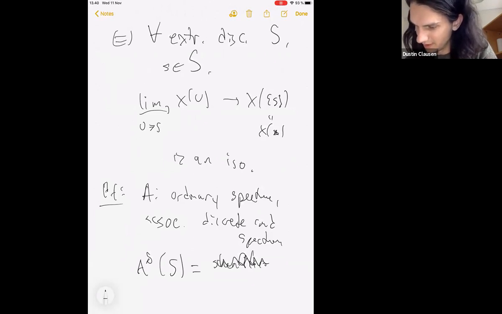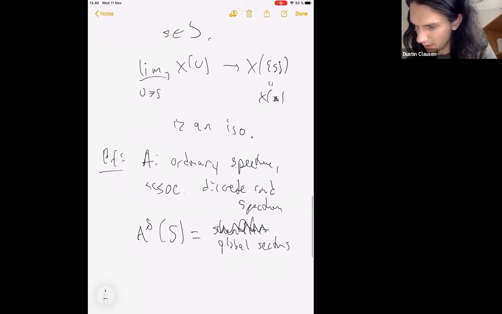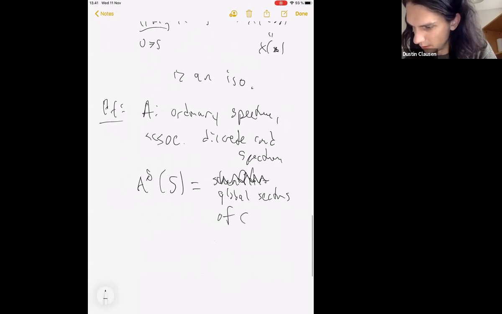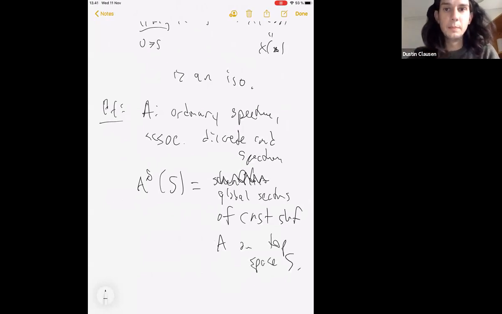It's the global sections of the constant sheaf with value A on the topological space S. Because on any profinite set, the closed and open subsets form a neighborhood basis for the topology. And then the sheaf condition is just the condition of finite disjoint unions. So it's the same as the topology that's describing what a condensed anima is.